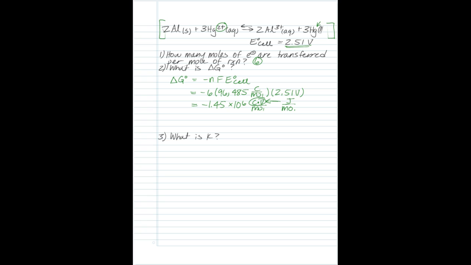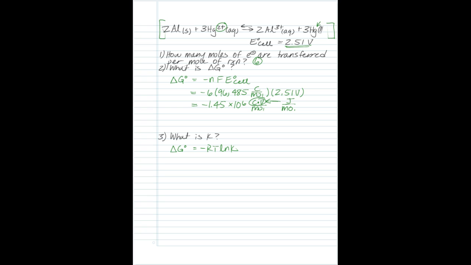Then we can feed it into this next part, which is talking about what is K. For that calculation, we need an equation that takes delta G and feeds it into K. So that one is delta G naught equals negative RT ln K. We've already calculated delta G. We know R is a constant.